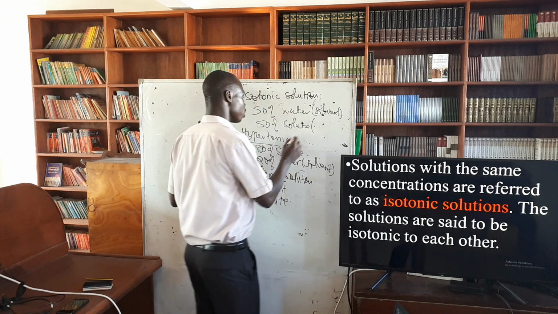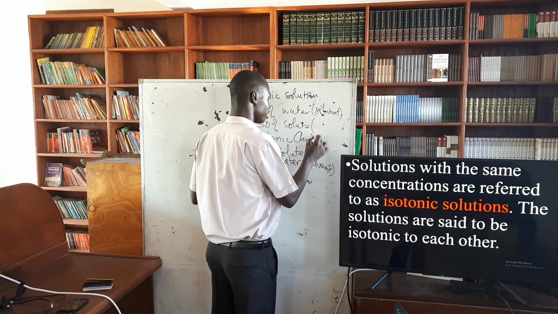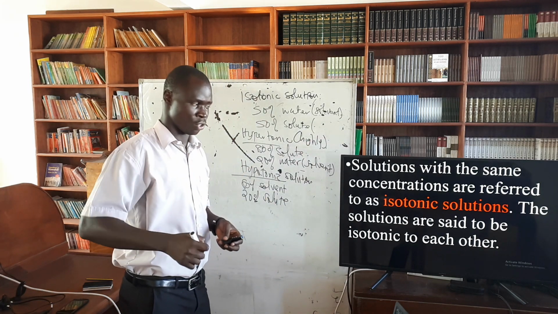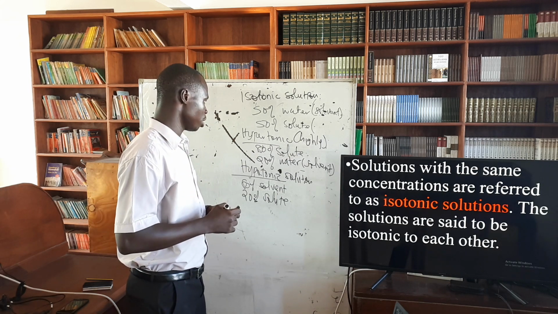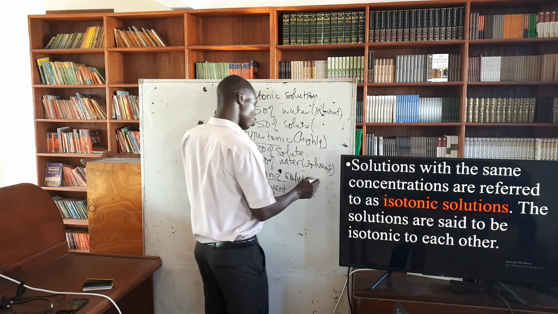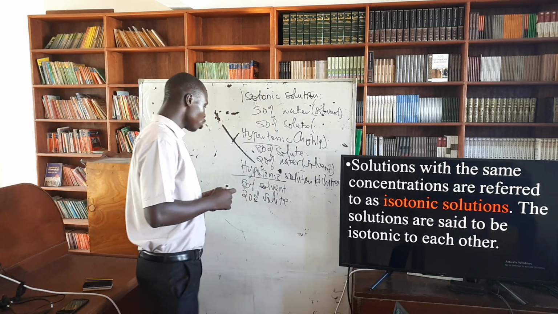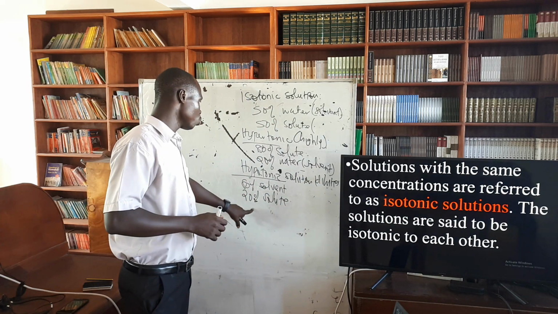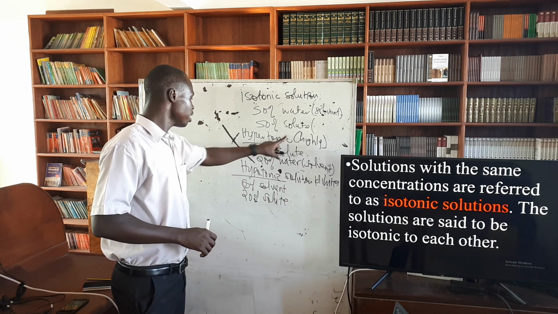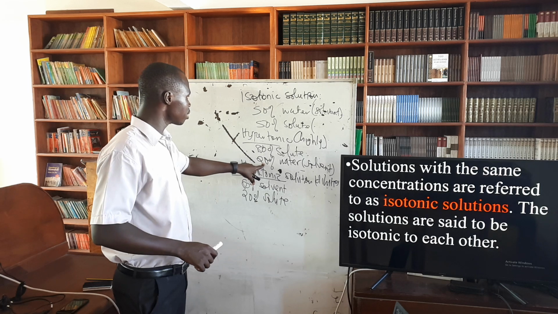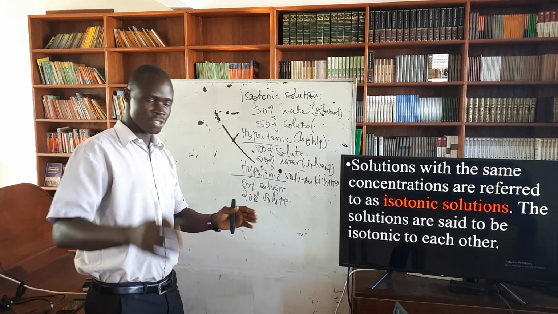When we talk about highly concentrated, we are talking about solute molecules. But this one is dilute. Dilute has more solvent than solute. Concentrated has more solute than solvent, while isotonic has the same percentage.